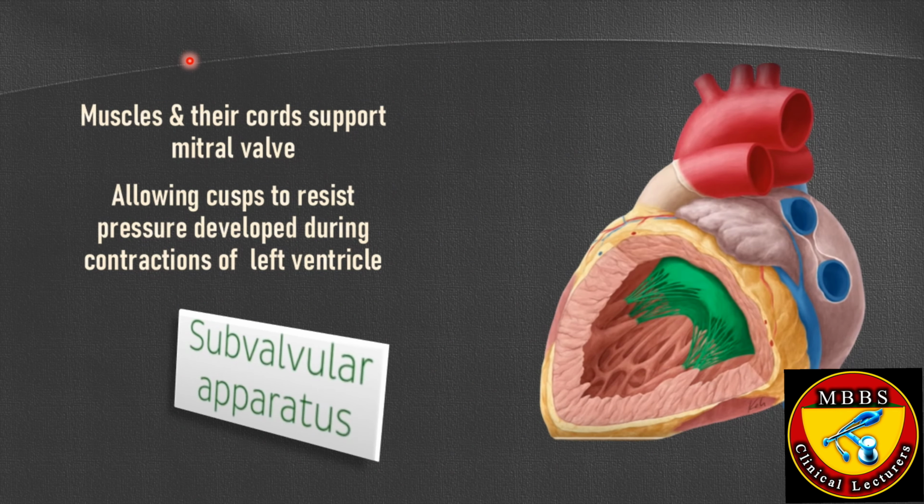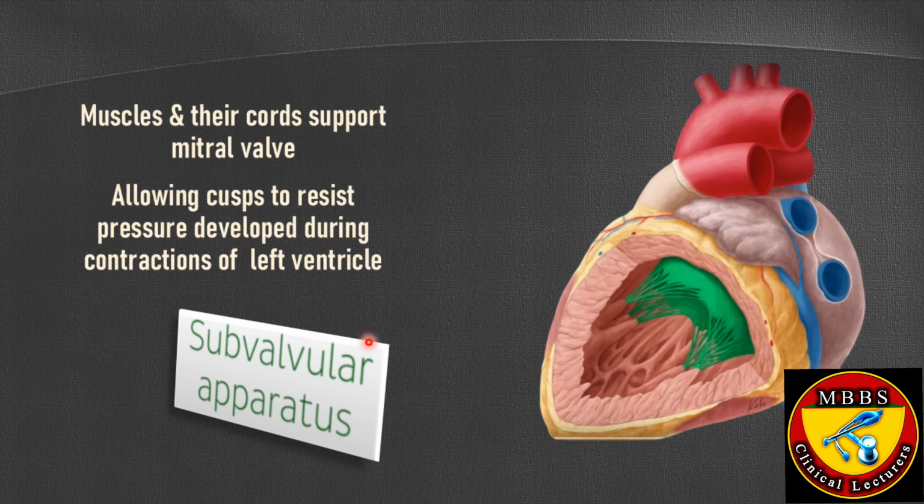Now the muscles and their cords support the mitral valve, right? Muscles and their cords, these are the papillary muscles and their cords, these are the chorda tendineae, support the mitral valve, allowing the cusps to resist pressure developed during the contraction of the left ventricle.